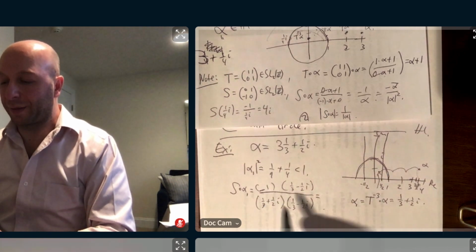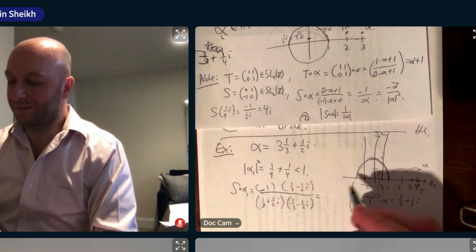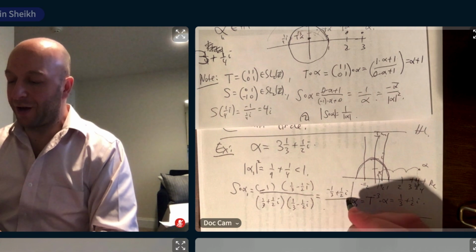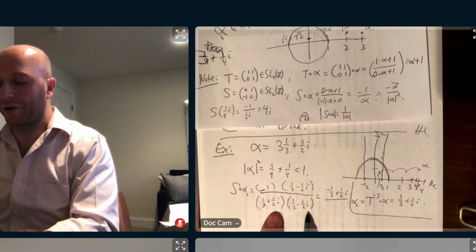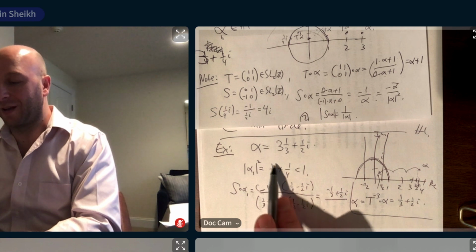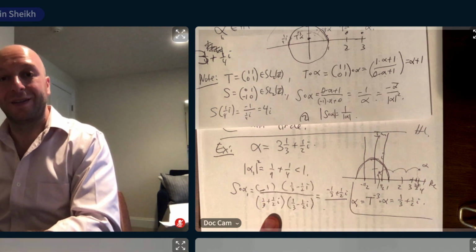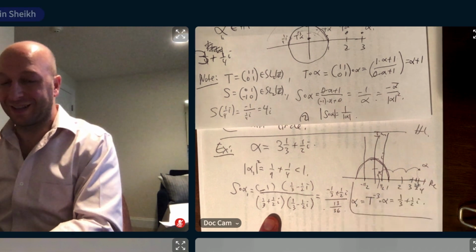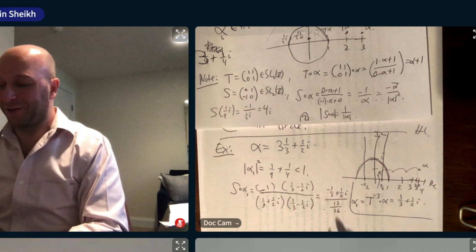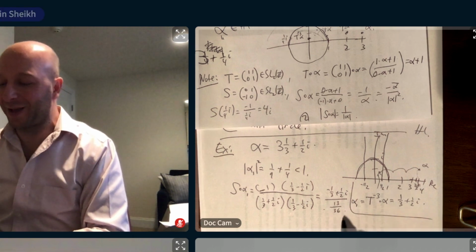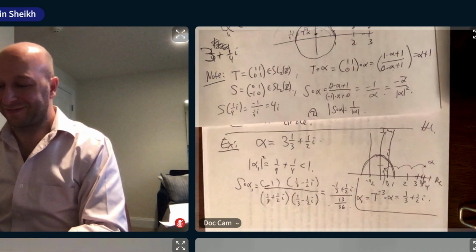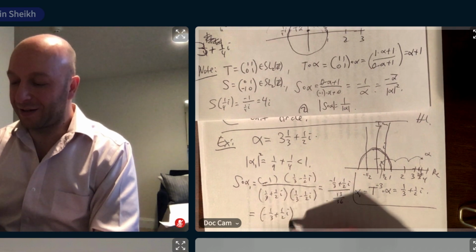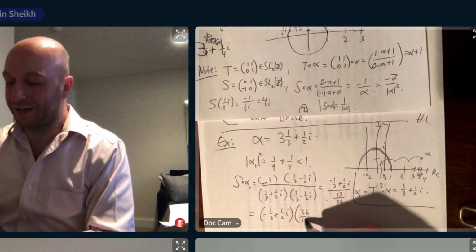I get minus a third plus a half i. But all of that gets divided by a ninth plus a quarter. What's a ninth plus a quarter? 4 plus 9 is 13 36ths. Is that the denominator? So dividing by 13 36ths is the same as multiplying by 36 13ths. So I get negative a third plus a half i times 36 13ths.